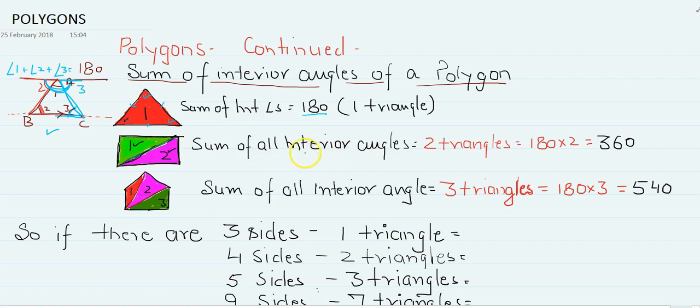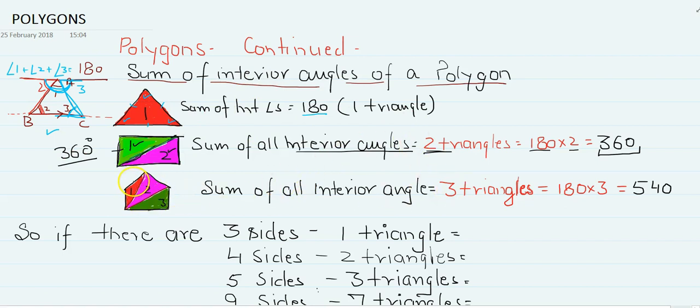So the sum of all interior angles of a quadrilateral is equal to 2 triangles. The sum will be 180 plus 180, that is 360. So the sum of all interior angles of a quadrilateral, or any figure having 4 sides, is 360 degrees.